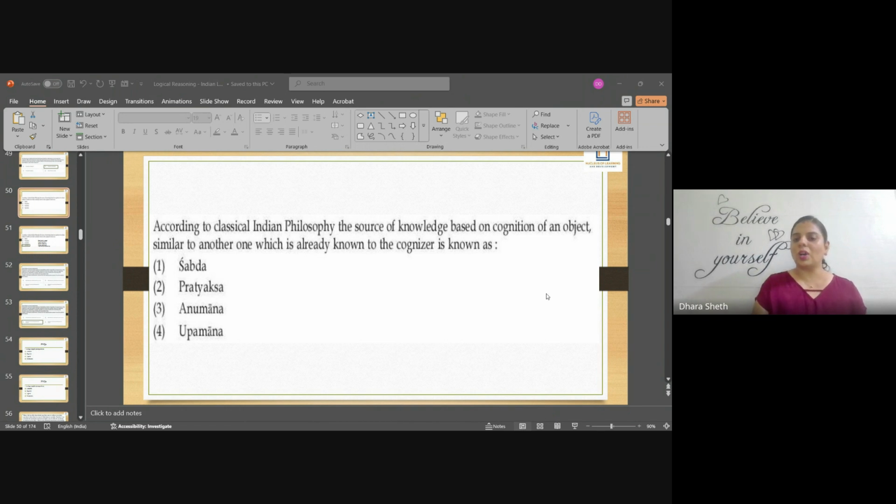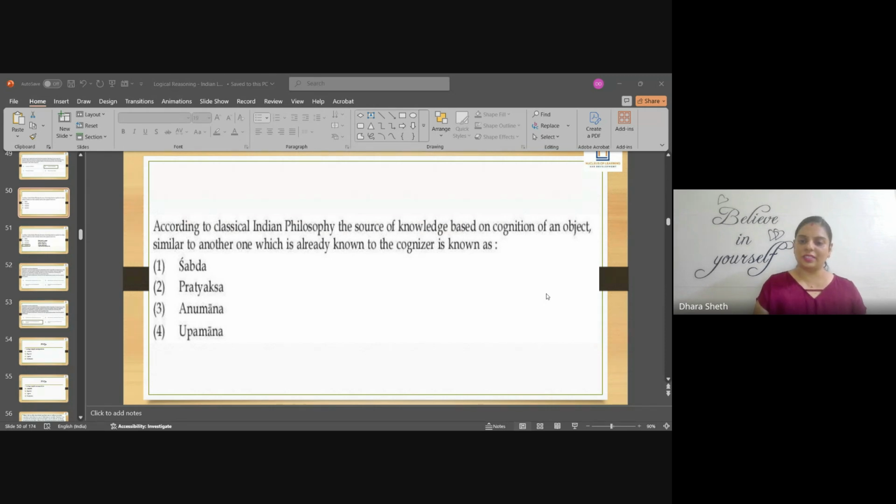So the source of knowledge based on cognition, understanding, identification, using your brain to know it, similar to another one, is Shabd, Pratyaksh, Anuman, Upman. There's something called similar to another one. So when I say similar to another one, it becomes upaman or comparison.